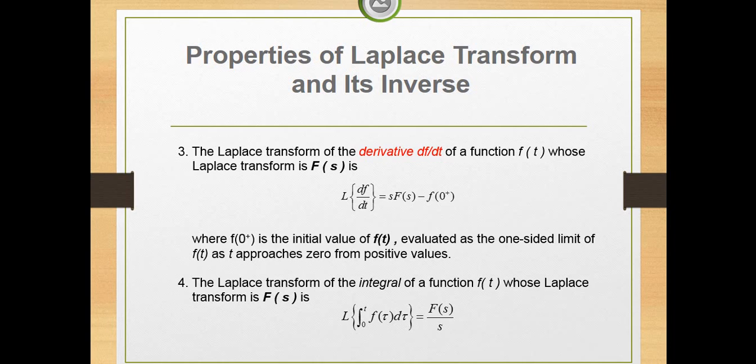So moving on, we will continue with the third and the fourth property of Laplace, which is actually the real meat of the topic of Laplace transform. I say it's the real meat. If you're eating a meal, this is the main course, because it tells you how you are to determine the solution of higher order differential equations using Laplace without having to recall the techniques that have been discussed since prelim.